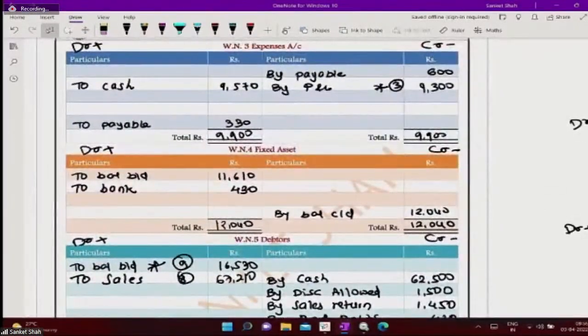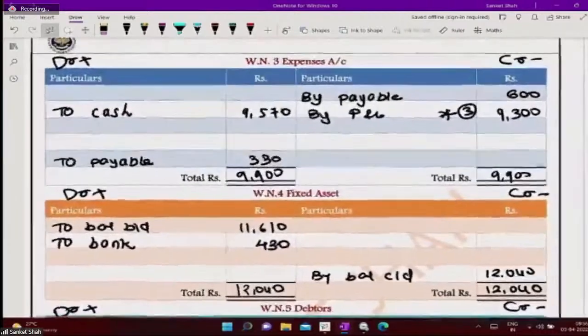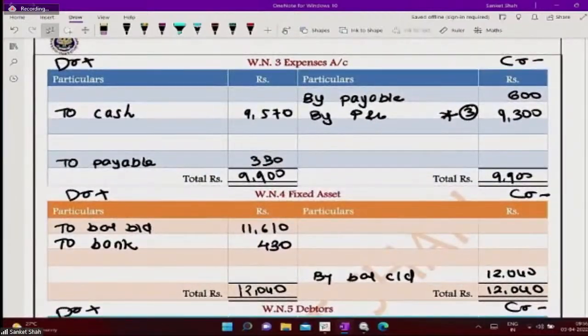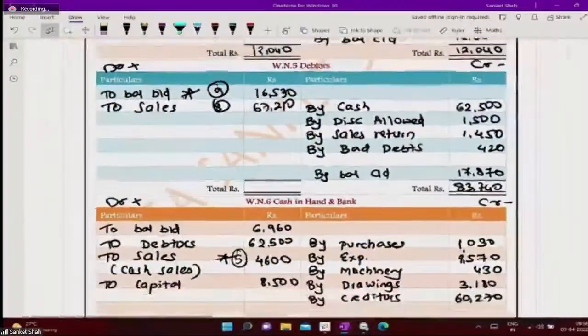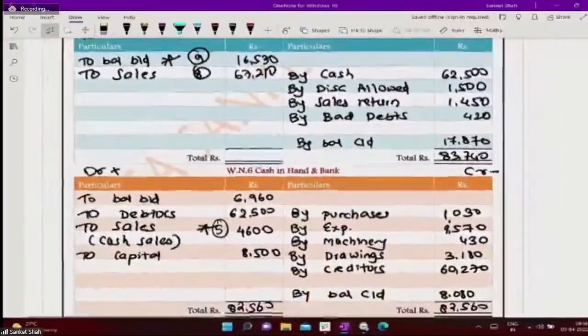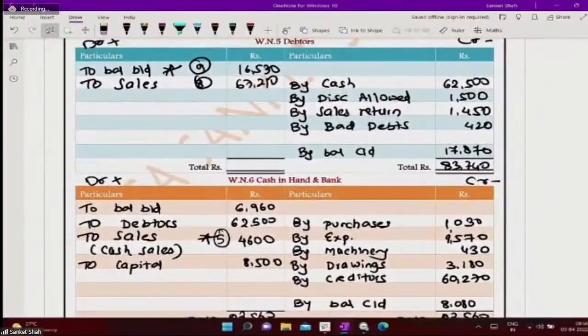And fixed asset. Expense account and fixed asset. And then you have debtors. And cash in hand and cash at bank. So we have completed this problem.